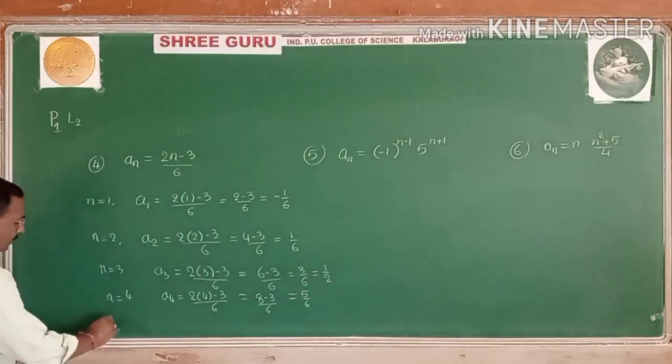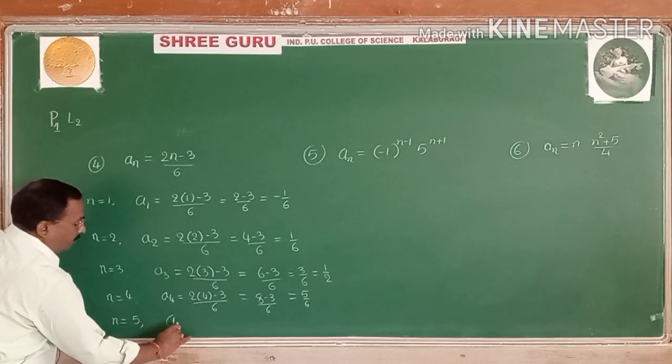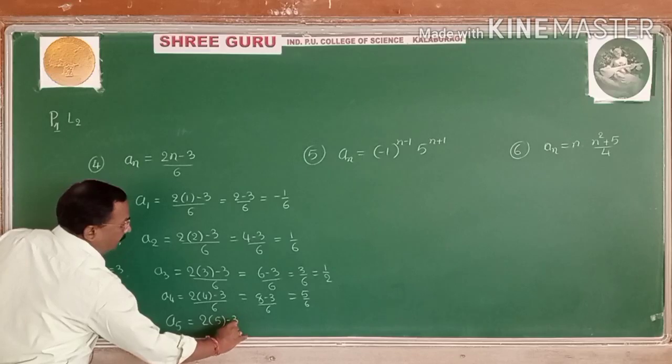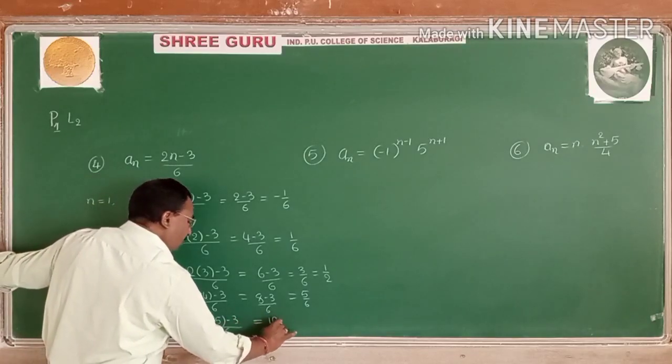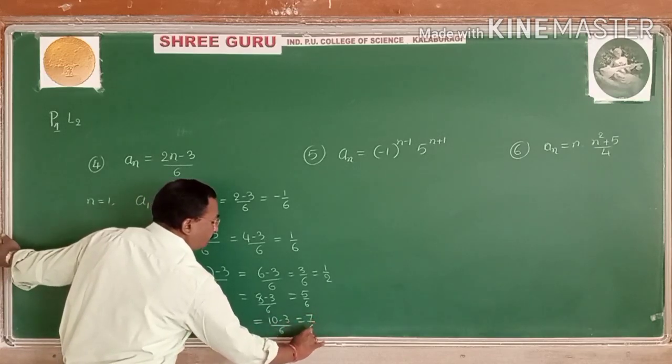Next, the last one, n is equal to 5, a5 is equal to (2 into 5 minus 3) divided by 6. 10 minus 3 divided by 6 is 7 by 6.